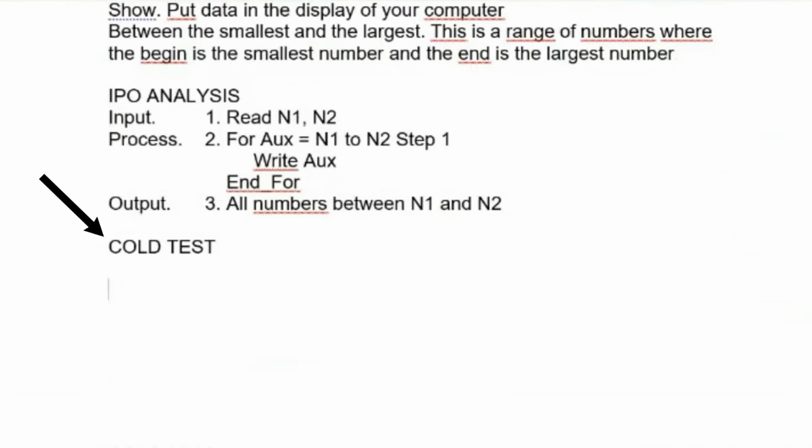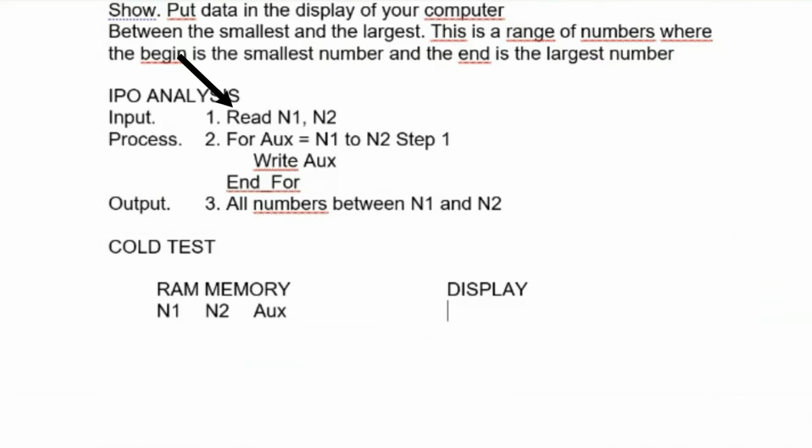Remember, a memory and display. In RAM memory, variables N1, N2, and aus. Step number 1. Read N1, N2. You read two numbers. Suppose you read 4 and 7.